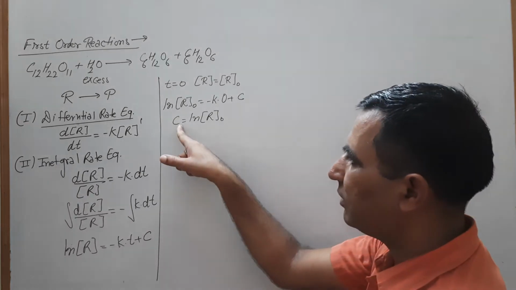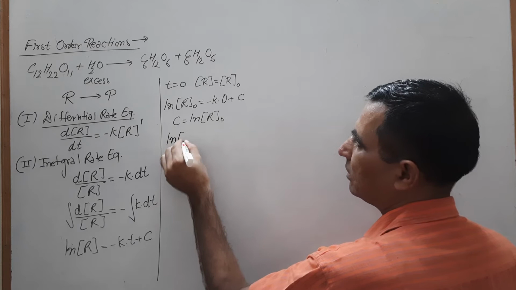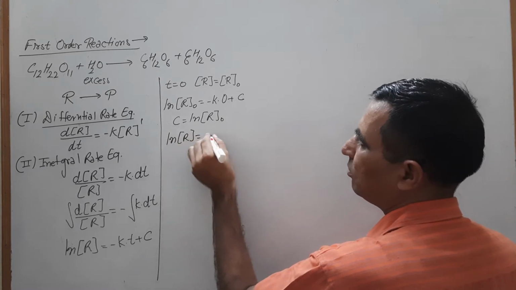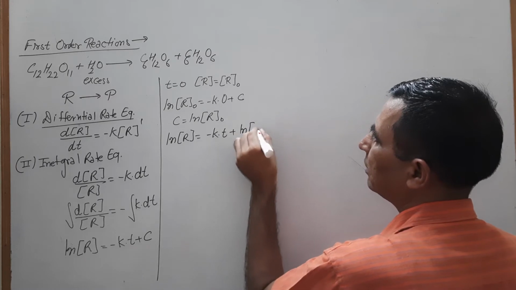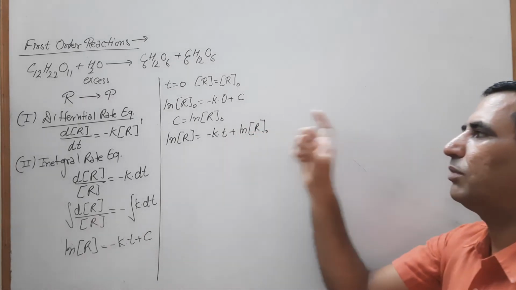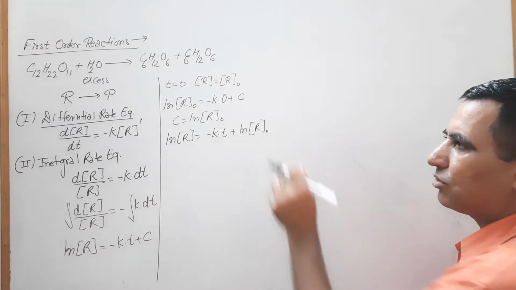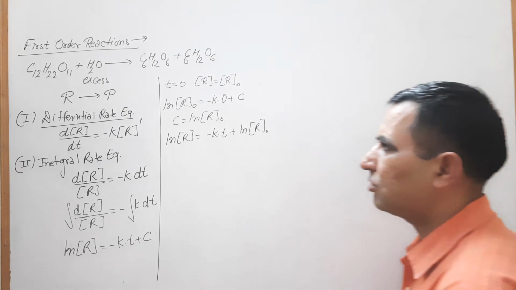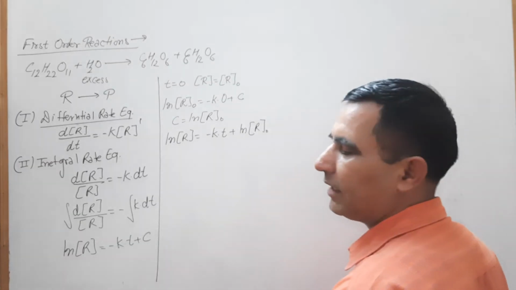Now we place this value of c in this equation. So ln R equals minus k t plus ln R0. This one is a natural log. We change this natural log to log base 10.